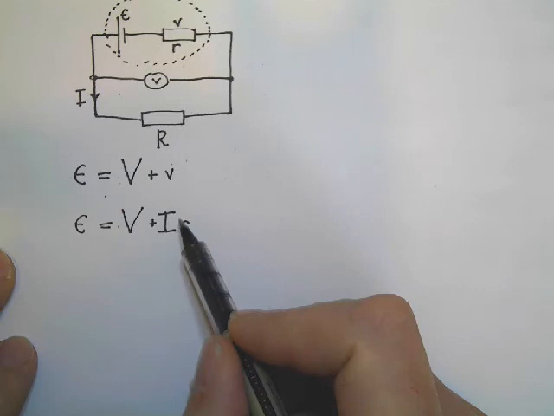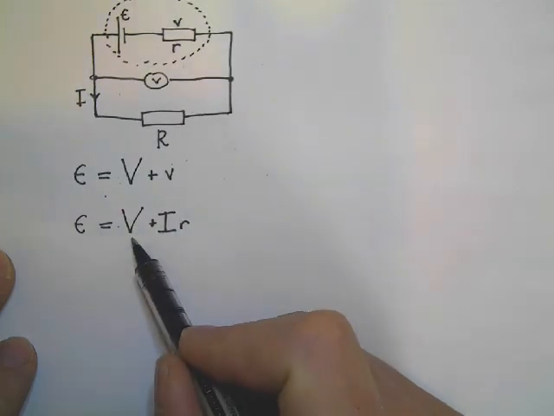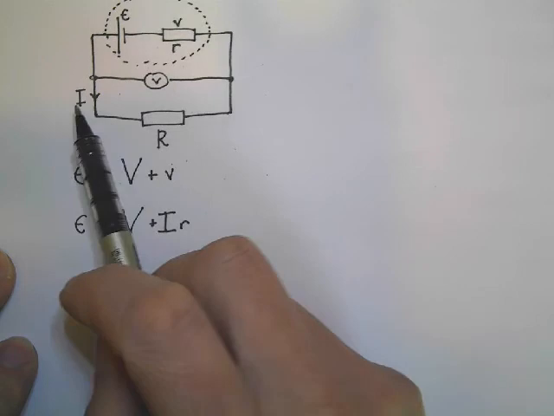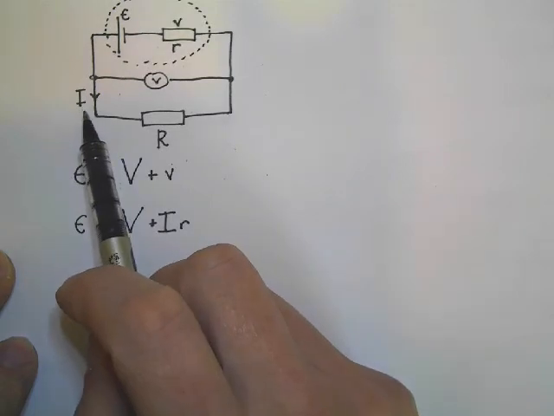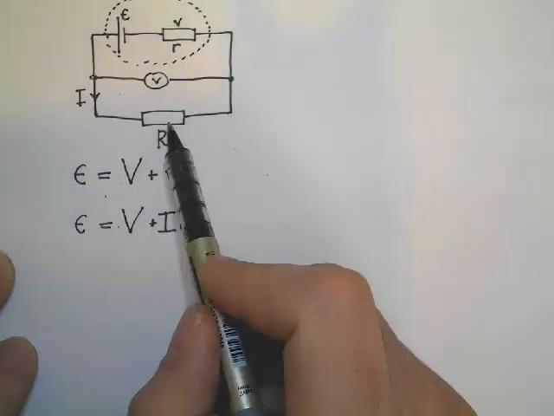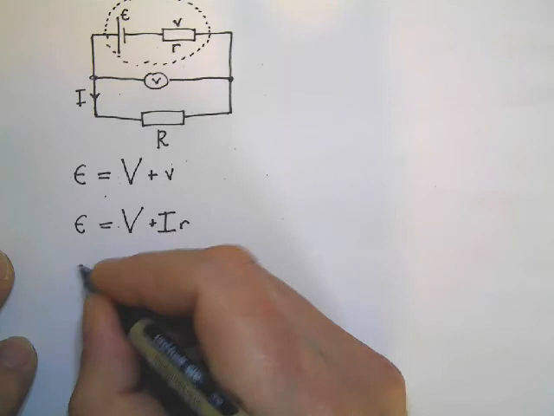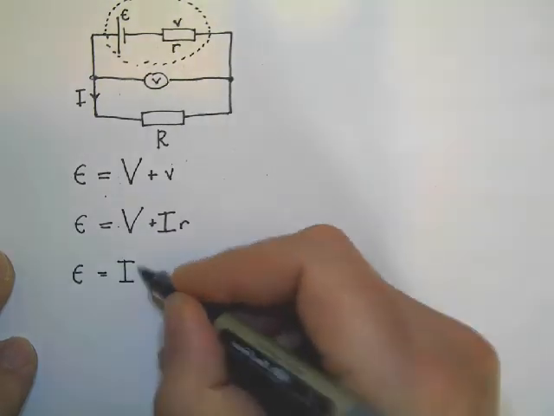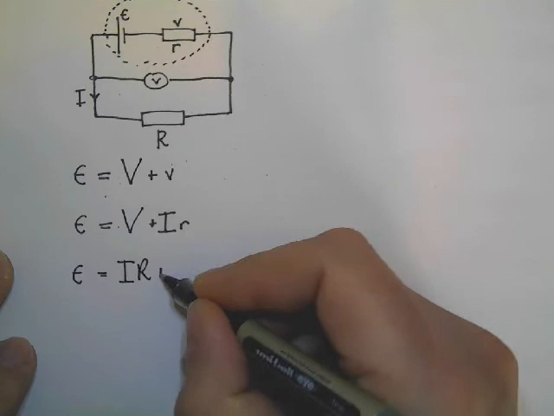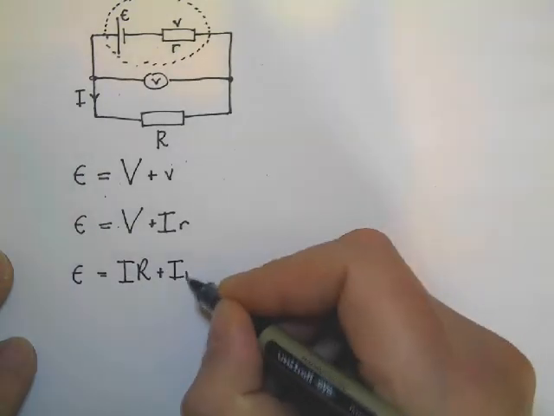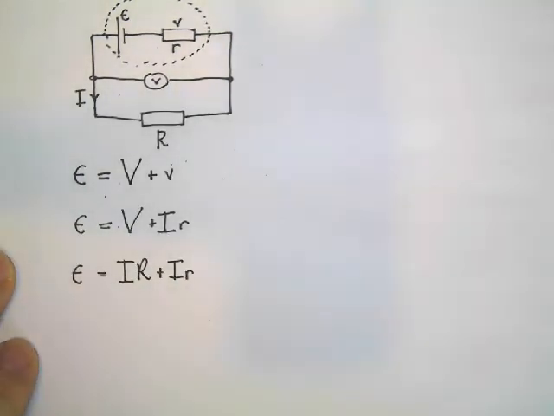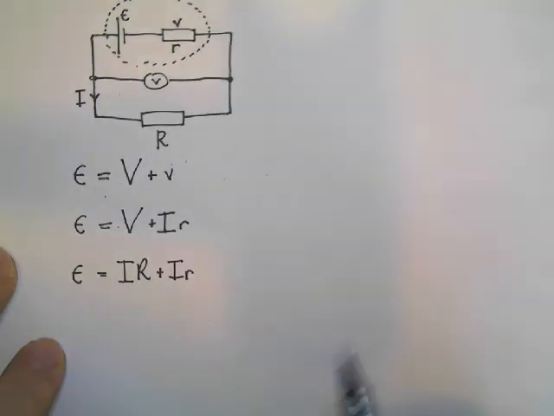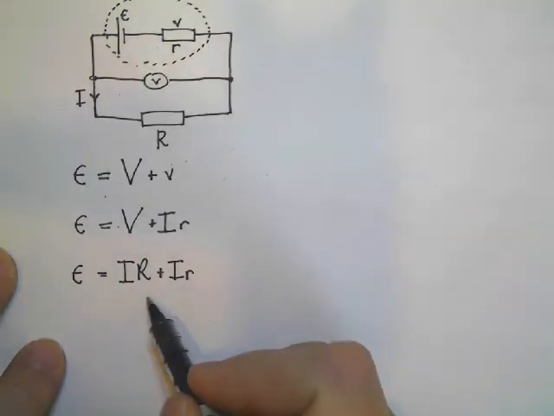But then you can probably spot that we could have done the same thing here. This big V is going to equal the current in the circuit, the same value again, multiplied by that resistance. So we get the EMF equals IR plus Ir. And really, that's just showing that this is the sum of the potential differences.